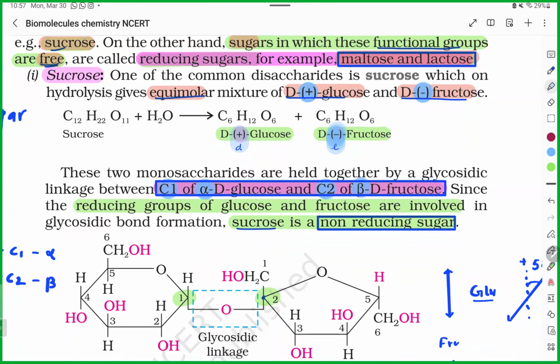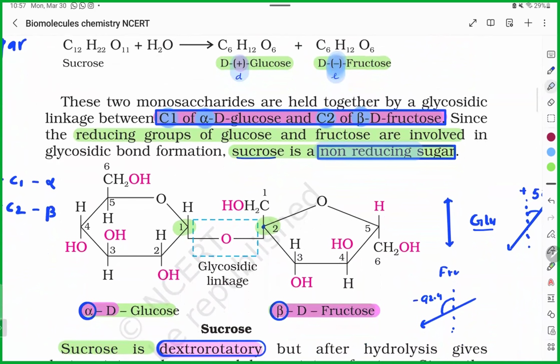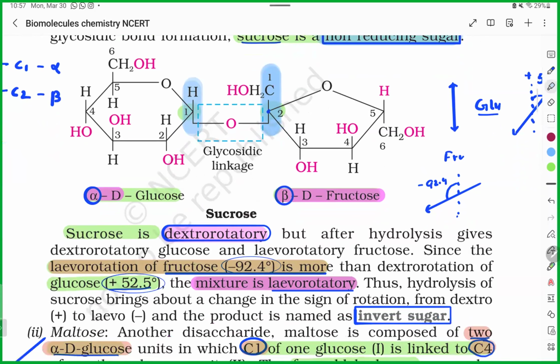The reducing parts of glucose and fructose are involved, that's why it is non-reducing sugar. As you can see, glucose first carbon and fructose second carbon, correct? So alpha of glucose, beta of fructose. So sucrose is dextrorotatory.